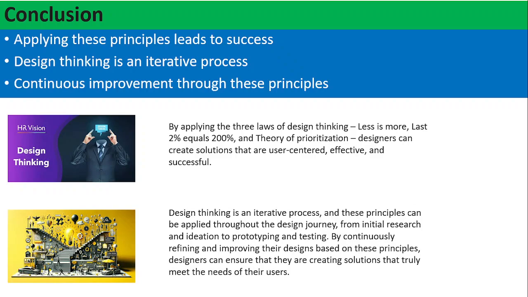As you already know from our previous presentation, design thinking is an iterative process, and these principles can be applied throughout the design journey, from initial research and ideation to prototyping and testing. By continuously refining and improving the designs based on these principles, designers can ensure that they are creating solutions that truly meet the needs of their users.